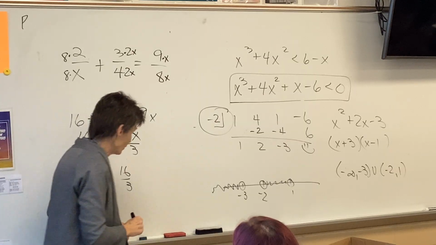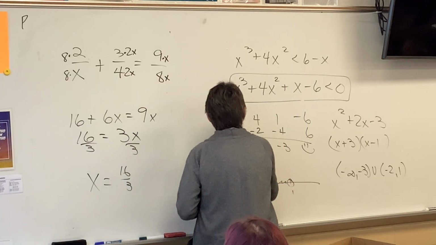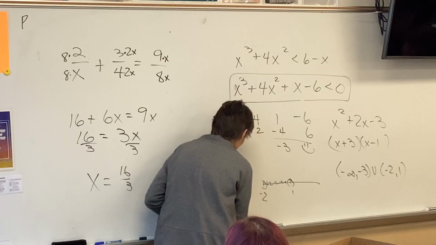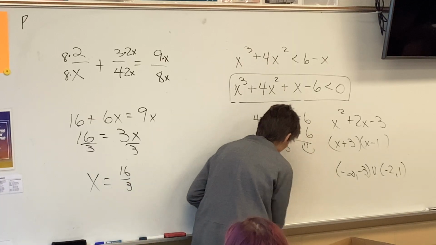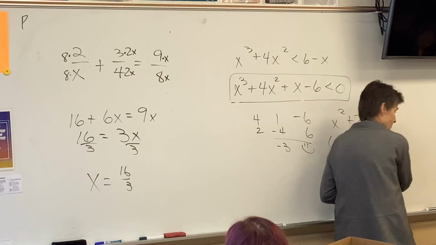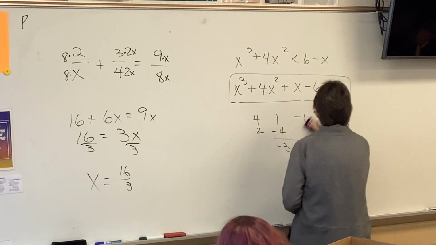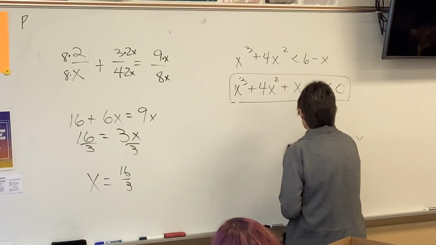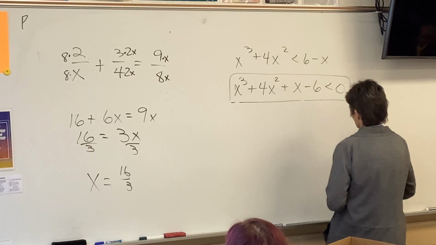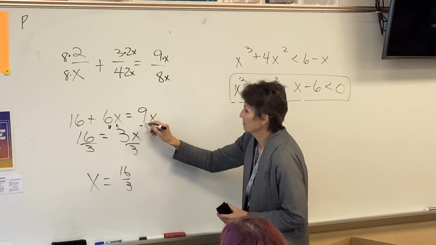Do not be alarmed. Very often you get fractions. Sometimes they're weird fractions. Subtracted 6x both sides.